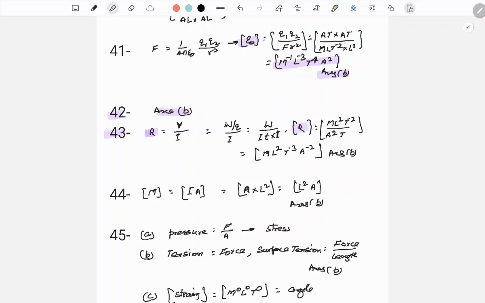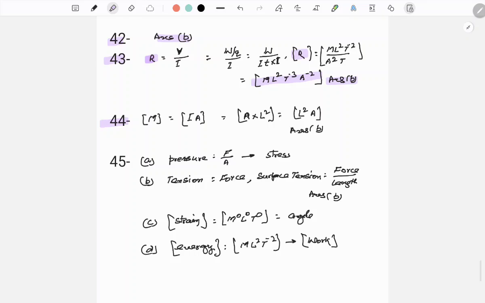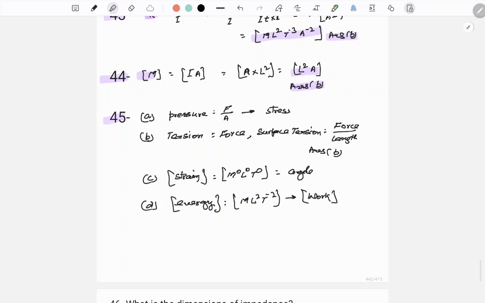Dimensions of R is M L square T to the power minus 3 A to the power minus 2, answer is B. Dimensions of m is L square A, answer is B. 45th answer is B.